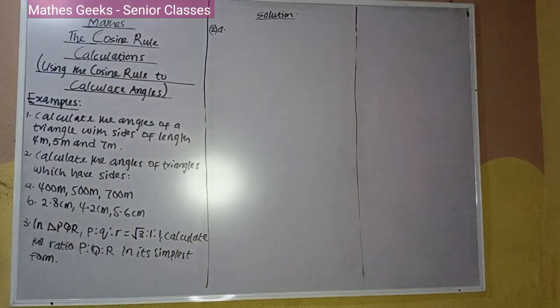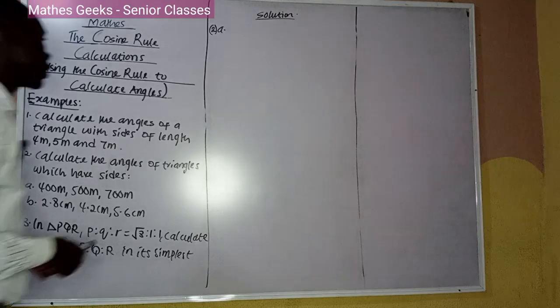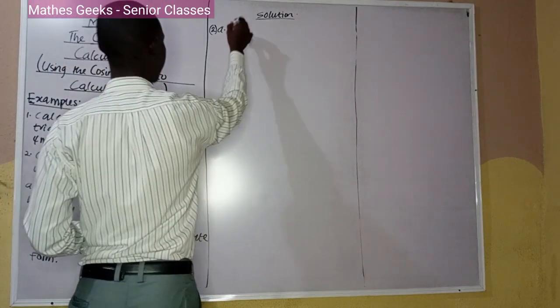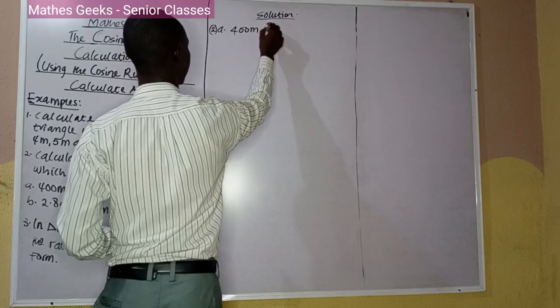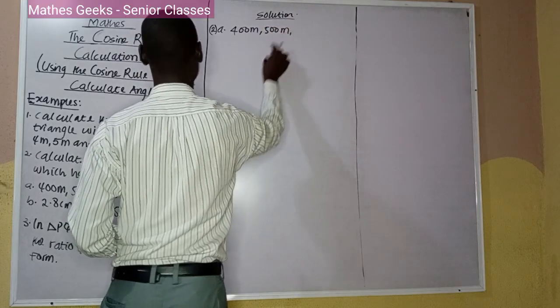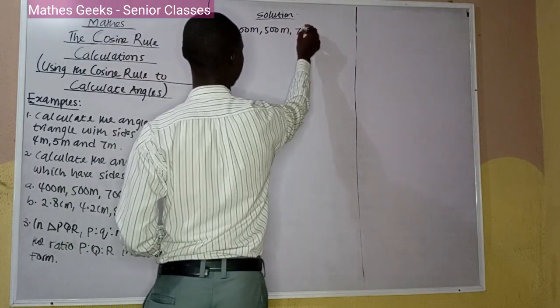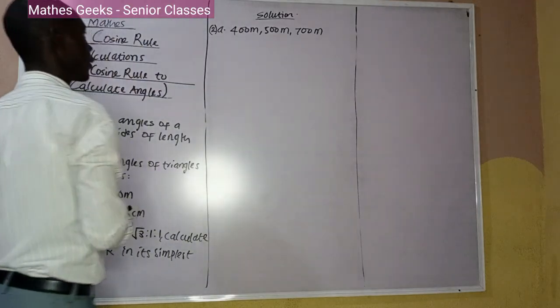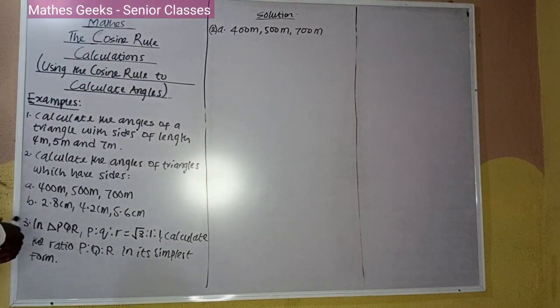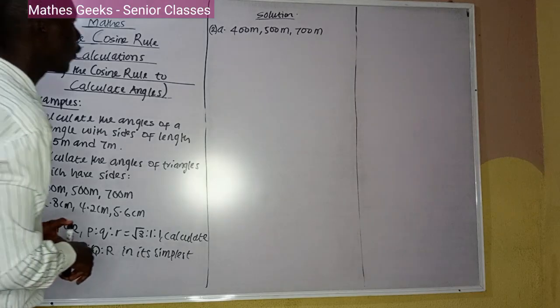2A. Calculate the angles of triangles which have sides 400 meters, 500 meters, 700 meters.